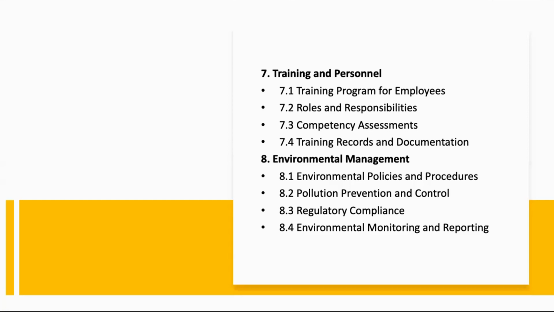In 8.1, you will provide the environmental policies and procedures existing in your plant. Then 8.2, pollution prevention and control. 8.3, regulatory compliance regarding environmental management. 8.4, the environmental monitoring and reporting mechanism which your plant is using. You will have to provide the details of that as well.